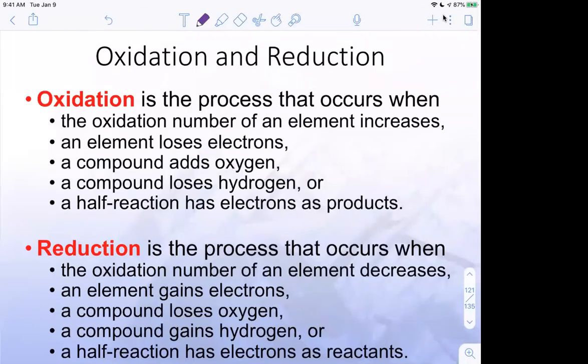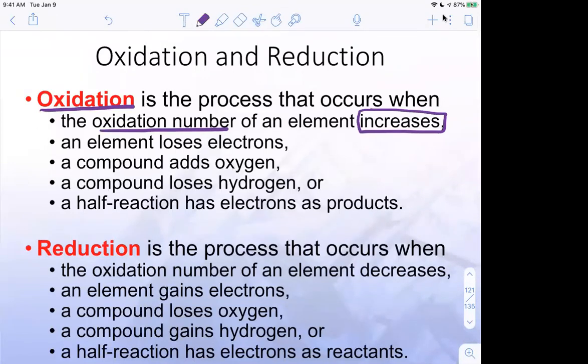Remember, there are multiple ways I can view oxidation and reduction. For example, oxidation is the process that occurs when the oxidation number of an element increases. That's one way I can tell. Now, if it increases, it's becoming more positive, which means it's losing electrons.